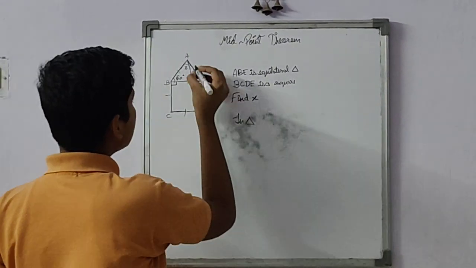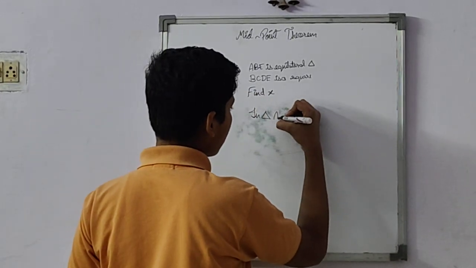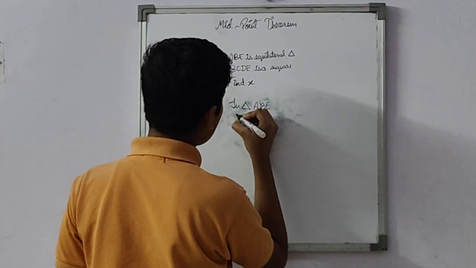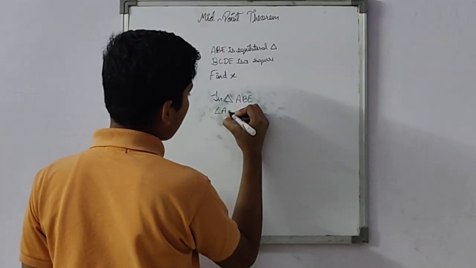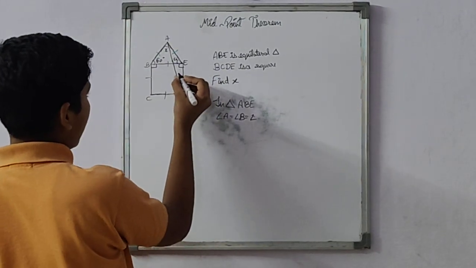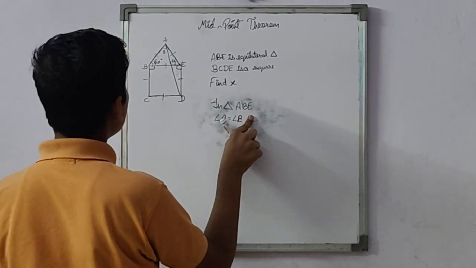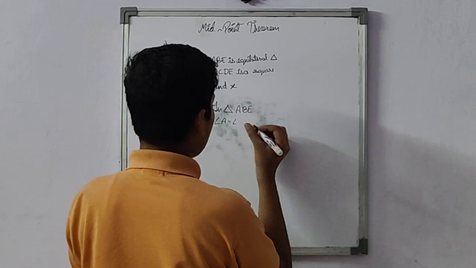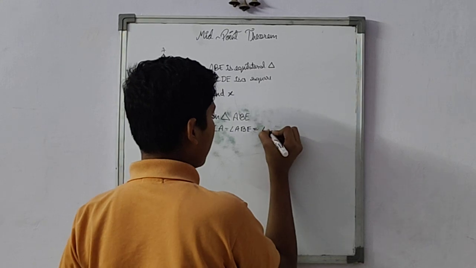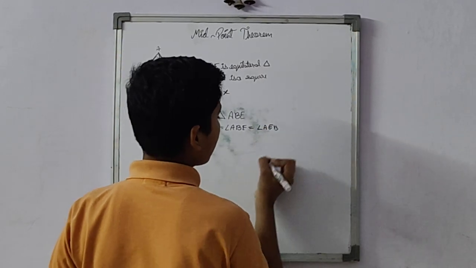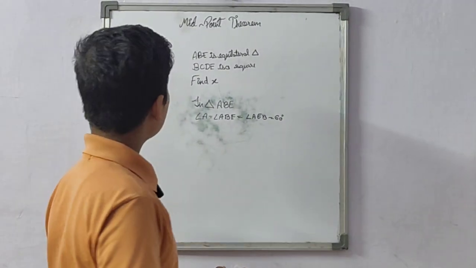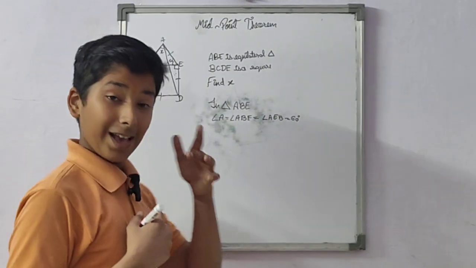In triangle ABE, angle A equal to angle ABE equal to angle AEB, which will be 60 degree. We know that in an equilateral triangle all the angles are equal.